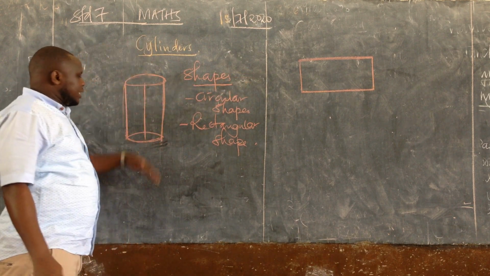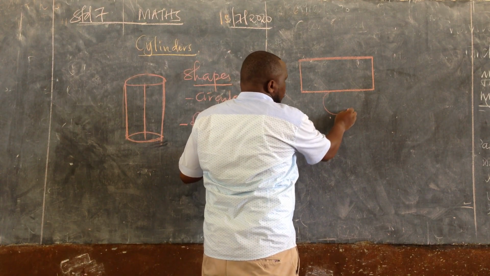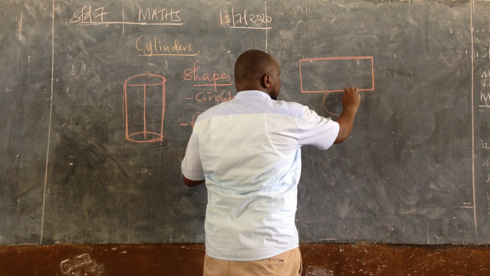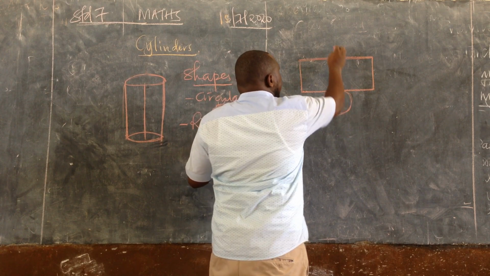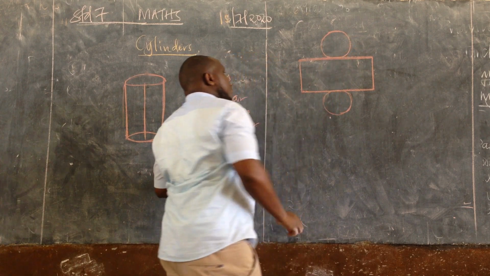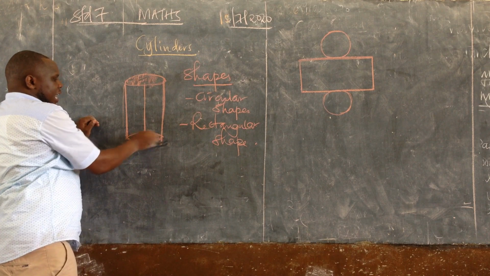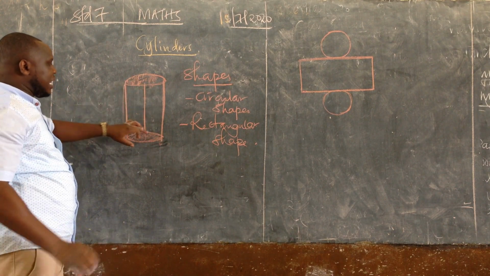Then you have removed the circular parts. The circular parts are going to come down here. There are two of them: the top circular part, which you remove, and the bottom circular part. You remain with this curved surface.